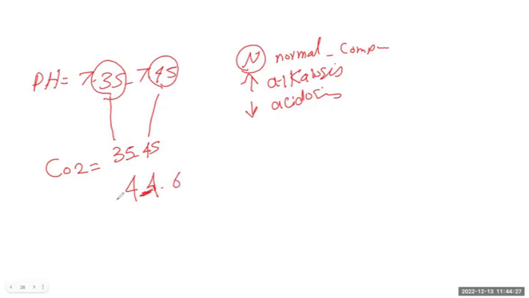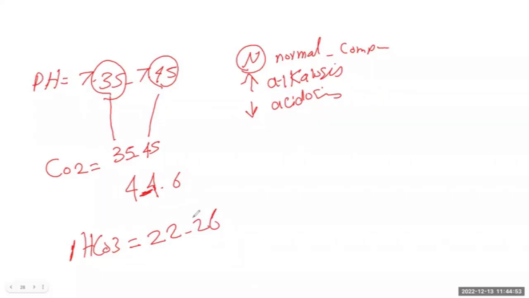If carbon dioxide increased, it will lead to respiratory acidosis. If decreased, respiratory alkalosis. What about bicarb? Its level is 22 to 26.